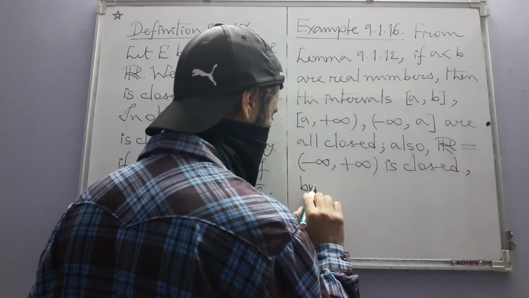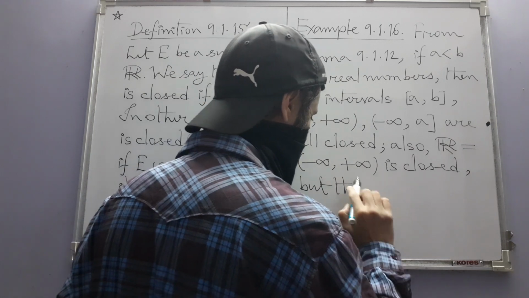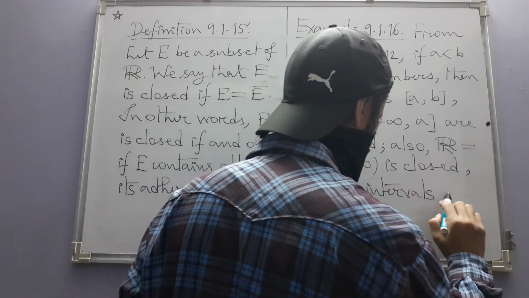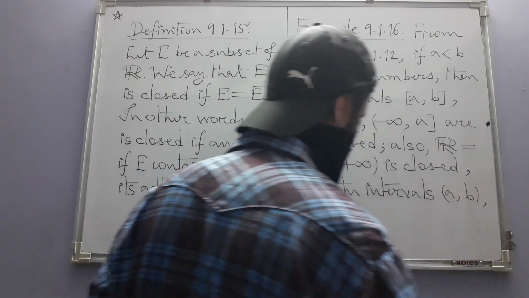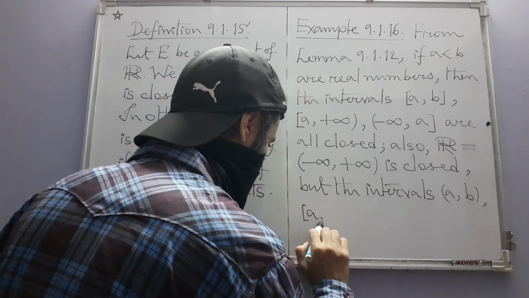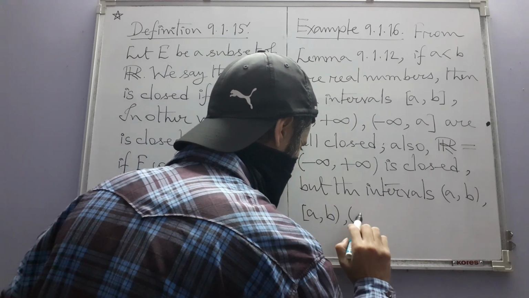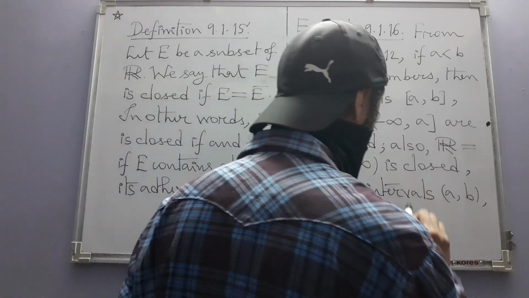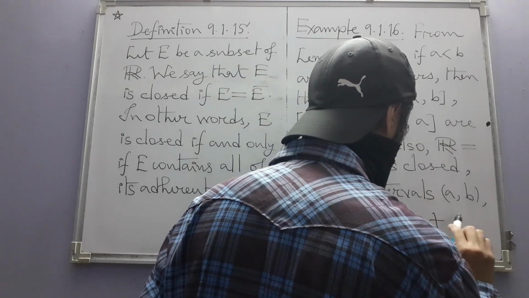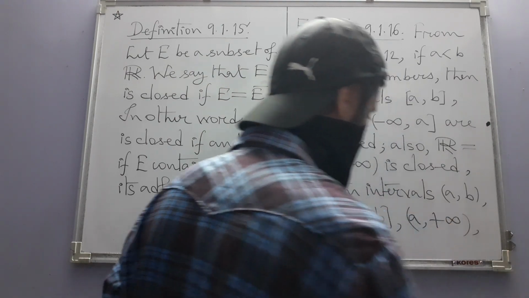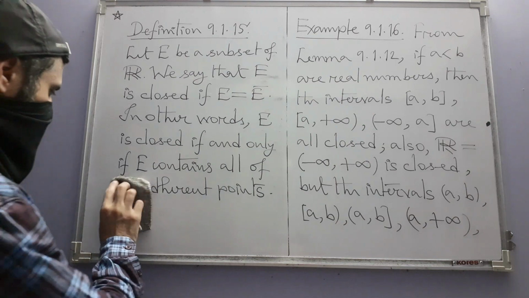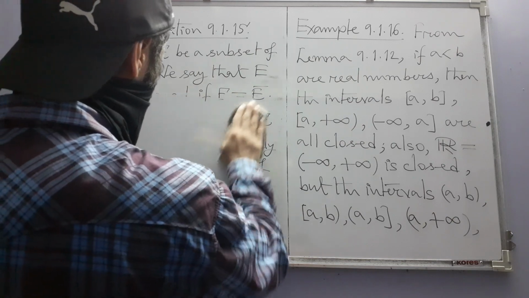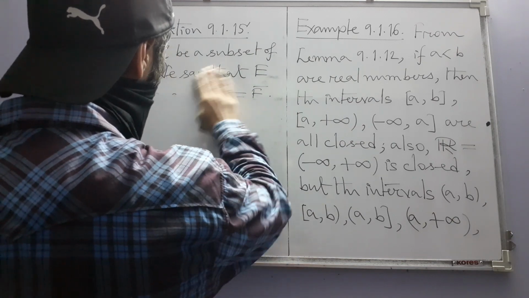But the other intervals, for example, the open interval, the half open intervals, or the open half infinite intervals like this, these are not closed because their closures do not equal them.